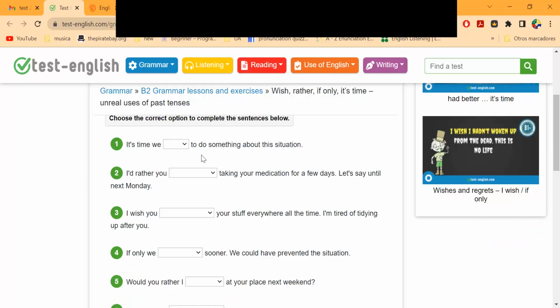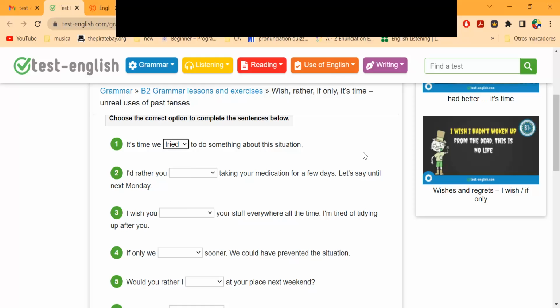It's time we, por ejemplo, esta expresión, que puede ser it's time, it's about time o it's high time. Y el verbo que viene después debe ir en pasado. Yeah. So, it's time we try to do something about this situation. Esto se refiere a algo que ya debiese estar cambiando.